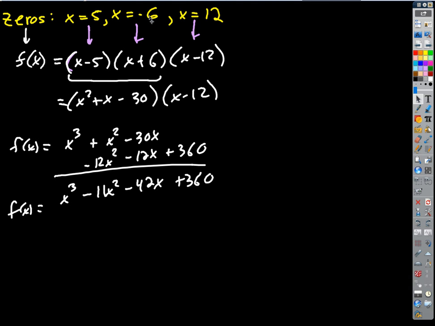If -6 is a 0, then x minus -6, or x plus 6, is a factor, etc. We take the product of those factors and expand it all out by multiplying through, creating a big polynomial. That's it. Easy, right? You have to be careful because you're doing some multiplication here, but it's really not a hard process.